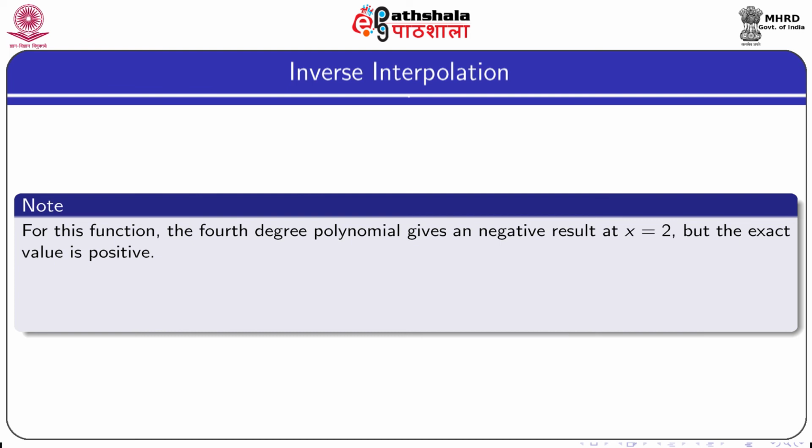So, for this function, the fourth degree polynomial gives some negative values for some values of x. That means it is negative when x equal to 2, but the exact value is positive. So, when x equal to 2, the value of f is 0.2, phi 2 is equal to 0.6, that means the error between the exact value and the approximate value obtained by the second degree polynomial is 0.4, but the value obtained from the fourth degree polynomial is minus 0.01539, the negative value, but the error is 0.195.